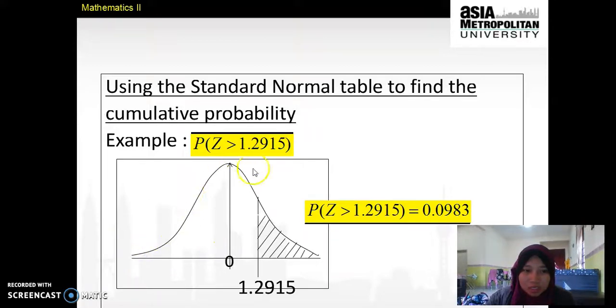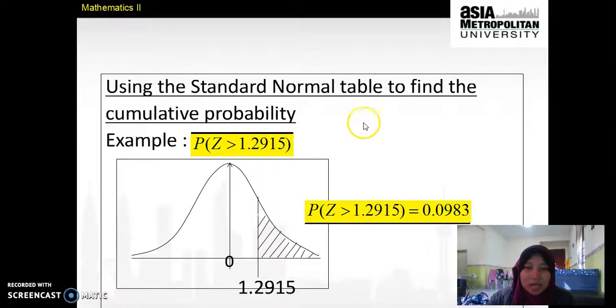It is unimodal, it has only one mode. It is symmetrical, meaning that if you cut this in half, it will be the same thing, left hand side and right hand side. It is asymptotic to the x-axis. Why? Because this is approaching your x-axis. This is your x-axis here.